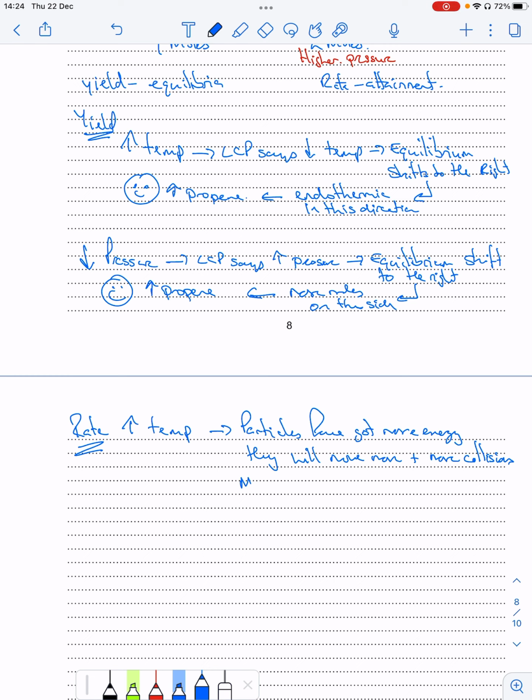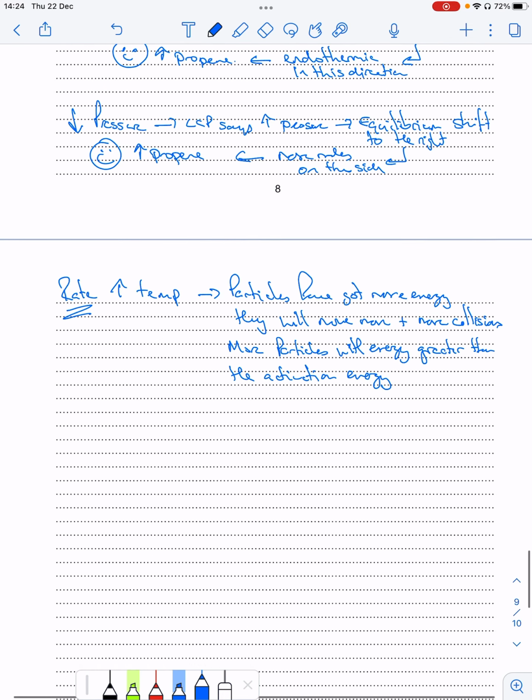The other factor of this, there will also be more particles with energy greater than the activation energy. Remember, activation energy is the minimum amount of energy needed for particles to collide and react.